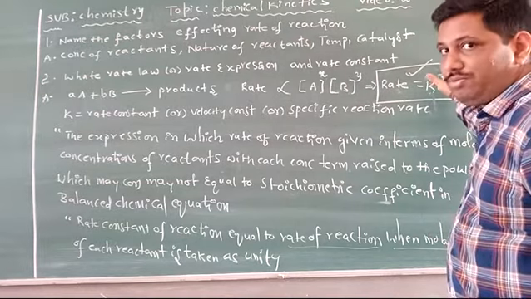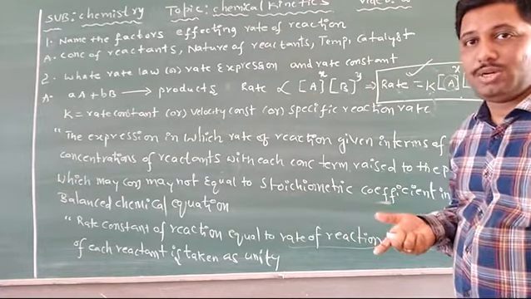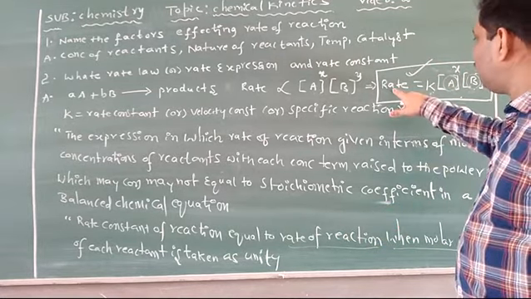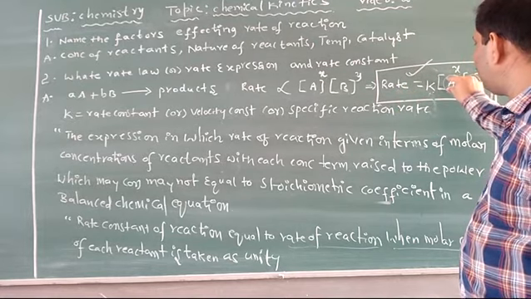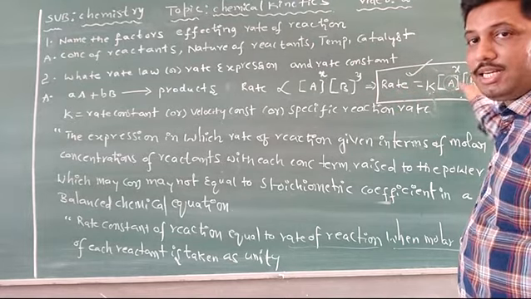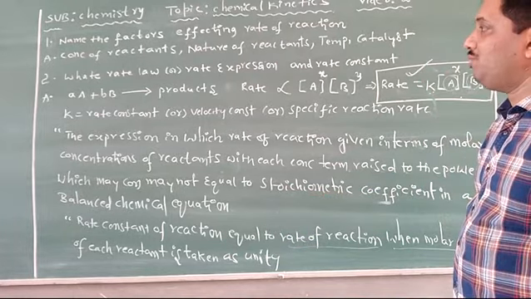For example, 1 to the power of x into 1 to the power of y is 1 into 1, which is equal to 1. Therefore, the rate constant of the reaction is equal to the rate of the reaction when the molar concentration of each reactant is unity or 1. That is known as rate constant.